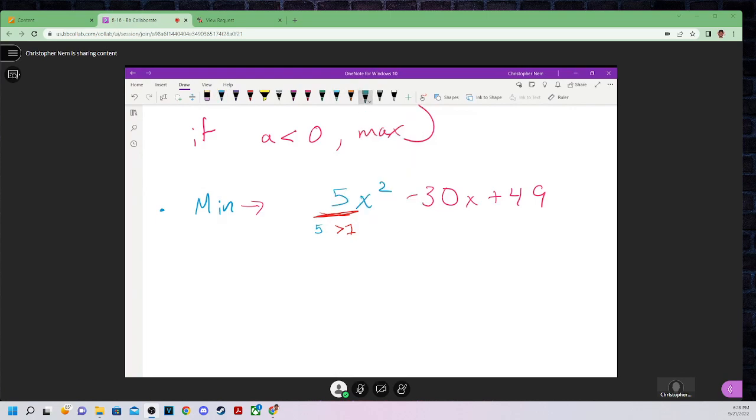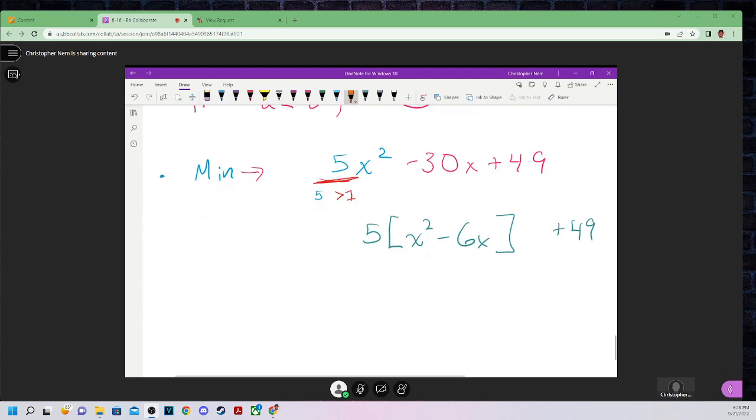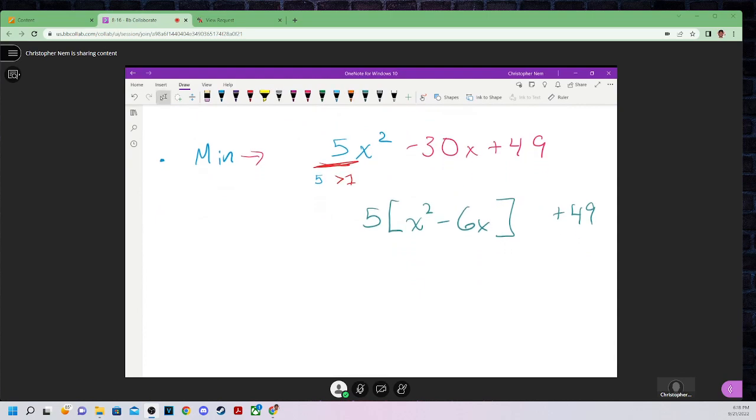Completing the square says that first I have to factor out that leading coefficient: 5 times x squared minus 6x. And then don't mess with that 49. Do not mess with it at all. Now, after I did that, I need to complete the square. So this is automatically going to be x minus 3 squared.